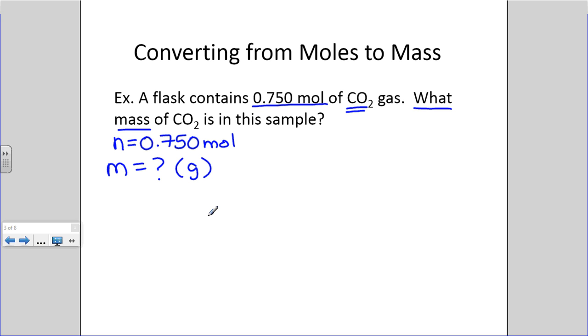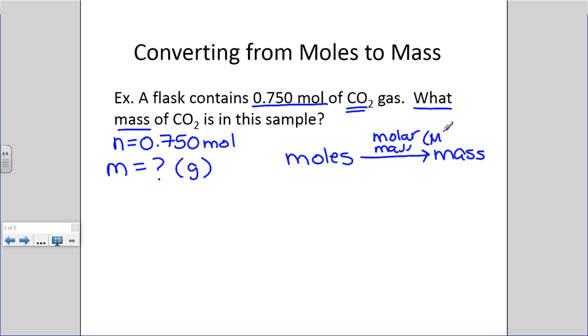So anytime you see a question with mass involved, you have to probably think I'm going to need molar mass. So just as a side note over here, the question's basically saying I have moles and I want to find the mass. Anytime this happens, you need to use your molar mass to convert.